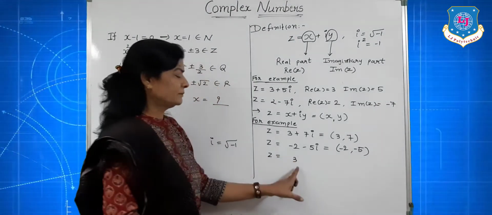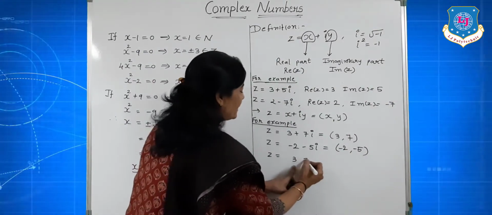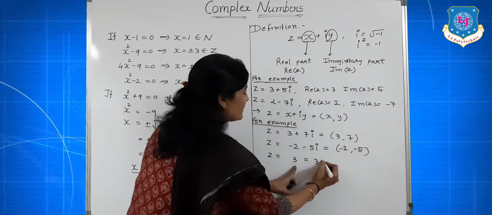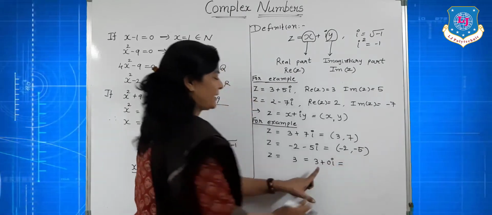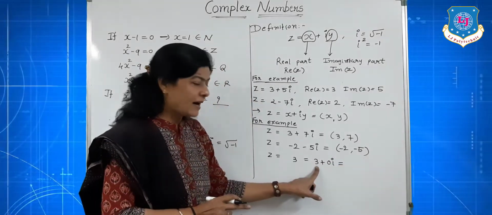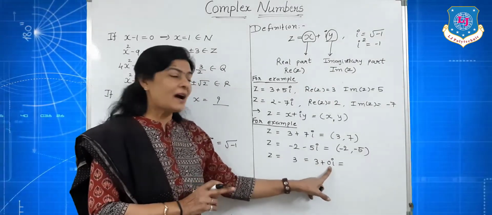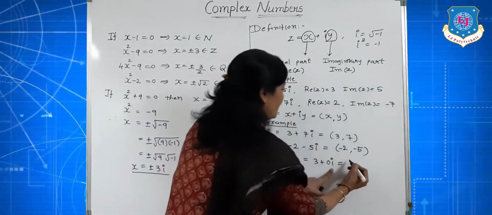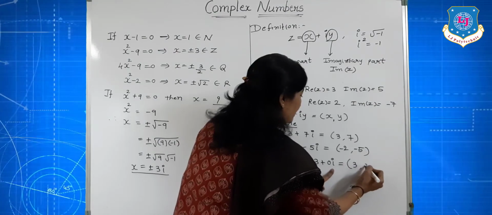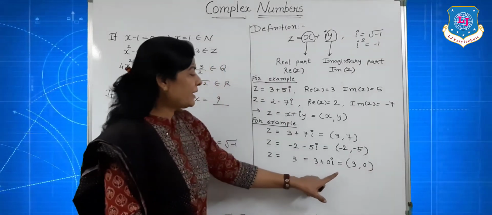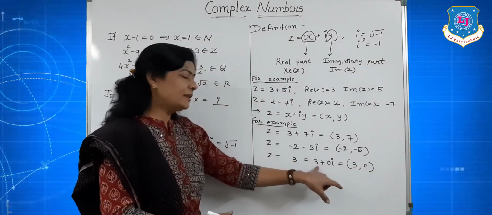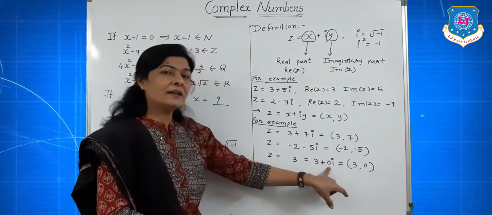If z is equal to 3, तो इसको हम लिखेंगे x plus iy फॉर्म में यानी कि 3 plus 0i. तो यहाँ पे real part मीन्स x is equal to 3 and imaginary part मीन्स y is equal to 0. So z is equal to (3, 0). और यहाँ पे है real part 3 and imaginary part है 0.